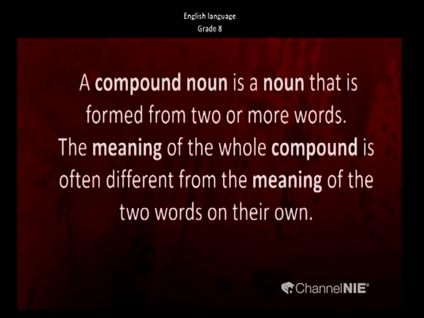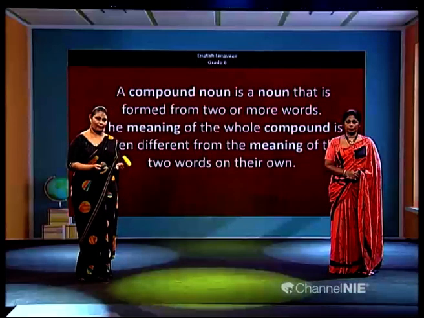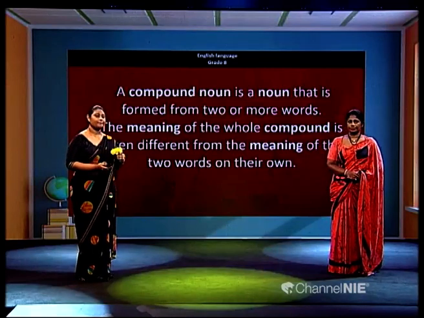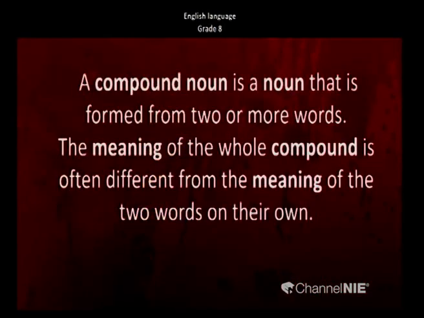A compound noun is a noun that is formed from two or more words. You can have two words together, or two or more words together, and form a compound noun. The meaning of the whole compound noun, like sunflower, is often different from the meaning of the two words on their own.